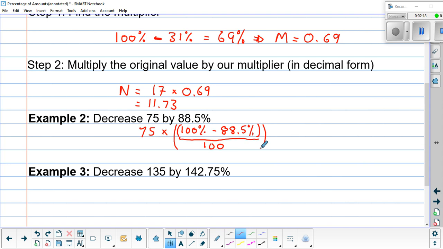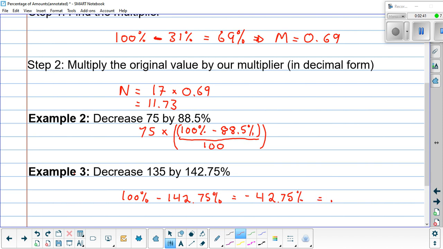And here, this last one, we have 100% and we're subtracting off 142.75%. So, kind of odd. This results in a negative 42.75%.